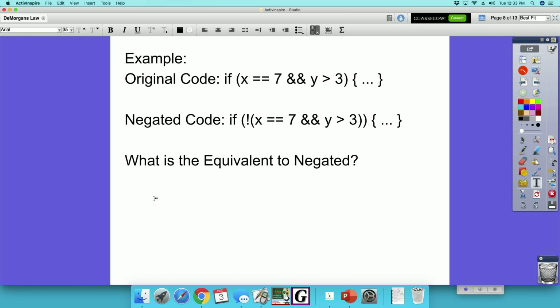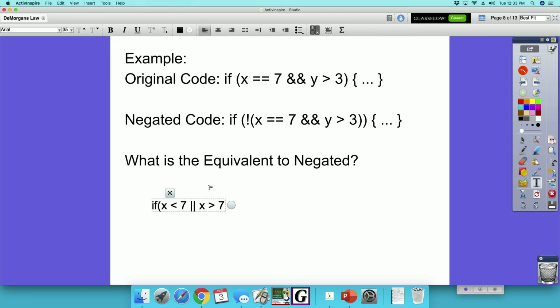Well, it would be if x is less than 7 or x is greater than 7.